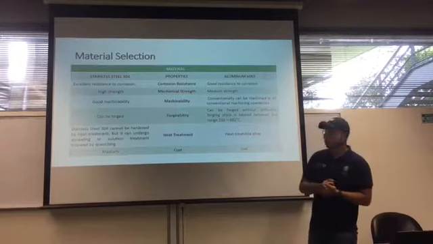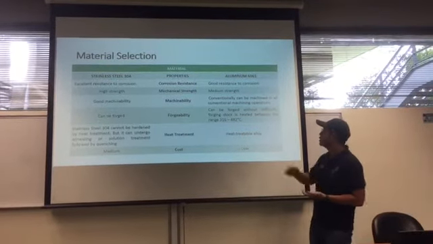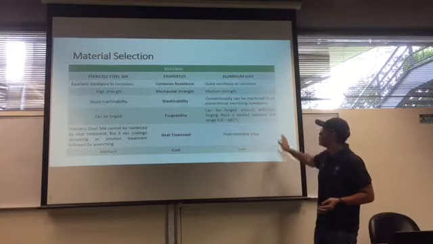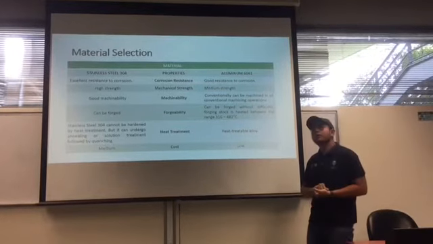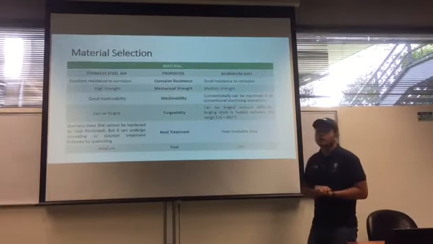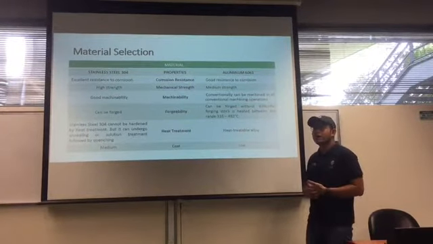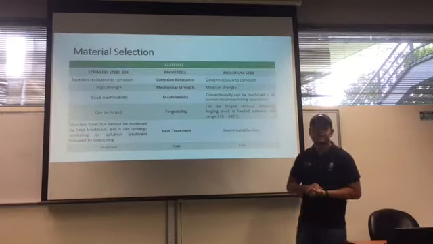And lastly, for the cost, we use stainless steel instead of aluminium, even though it has medium cost rather than the low cost of aluminium, because we want our flange to be sustained. We want our flange to be used frequently, and that's why we choose stainless steel 304.